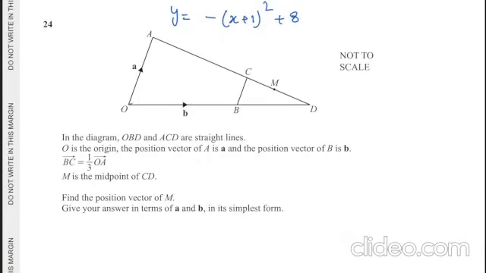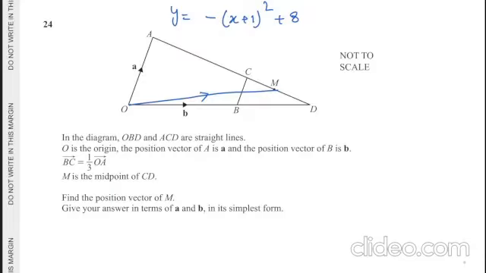So let's draw that. Now here what we know is OBD and ACD is the straight line, CB is 1 by third of OA, and this is known to us as vector A and vector B, and we have to write OM in terms of A and B here.